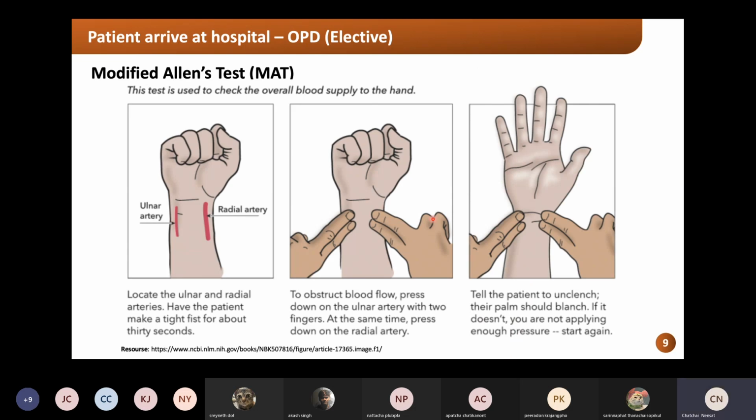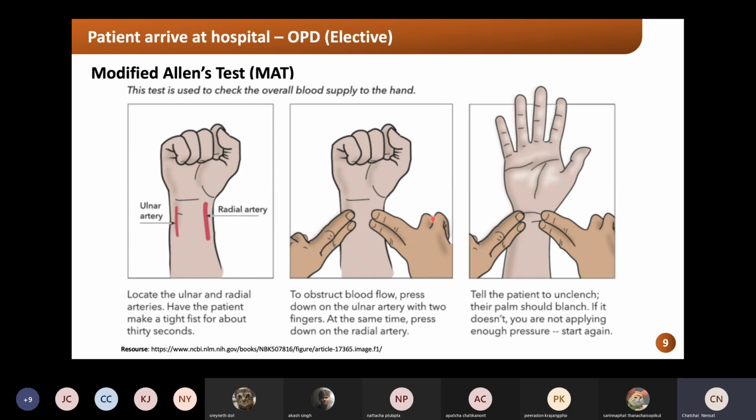And here is how we perform the modified Allen test, or MAT. First of all, you ask the patient to make a fist for about 30 seconds, like in the left picture. But first, you have to palpate the radial artery and ulnar artery before asking the patient to clench a fist.